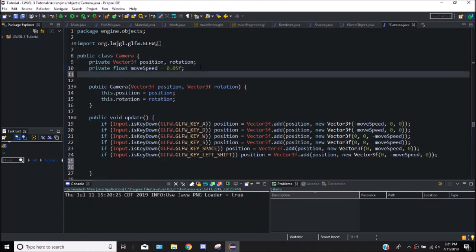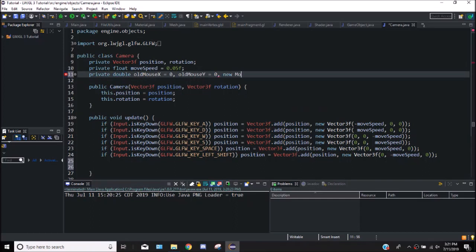I'm just going to make a new line and say private double oldMouseX, and then oldMouseY, and we're going to initialize these to 0 because these actually do need to be initialized.